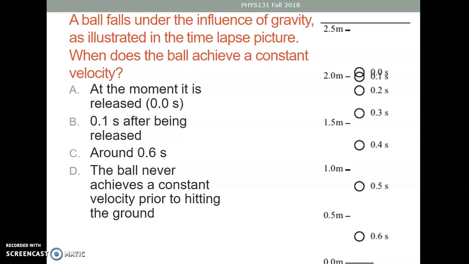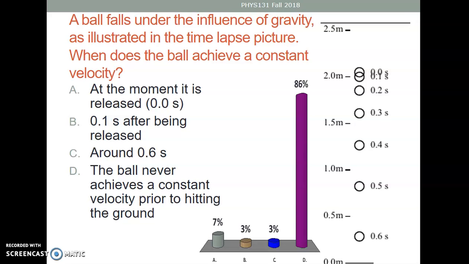All right, 3, 2, 1. And the most popular answer was D, the ball never achieves a constant velocity prior to hitting the ground. And that is correct. The reason is that when the ball is falling, there is only one net force, and that is gravity. And when there's a net force, it means there's a constant change in motion.